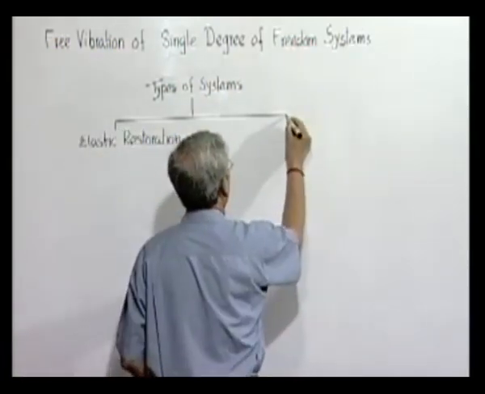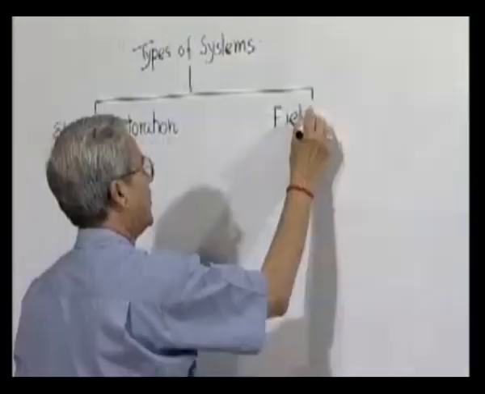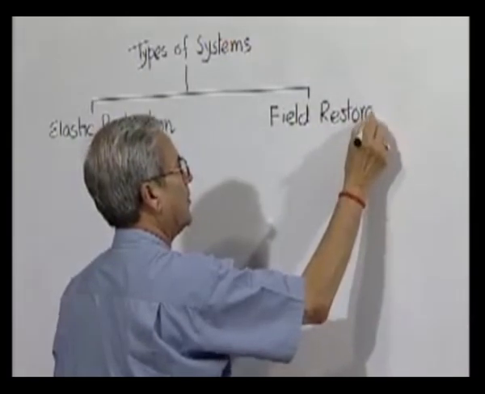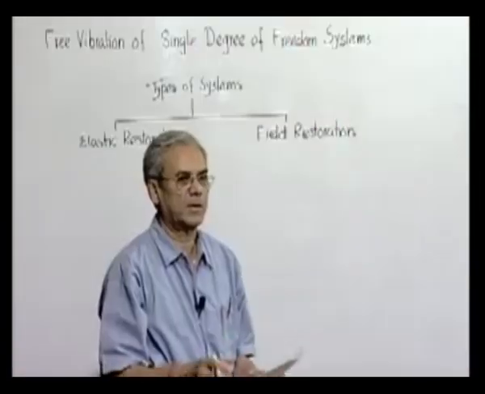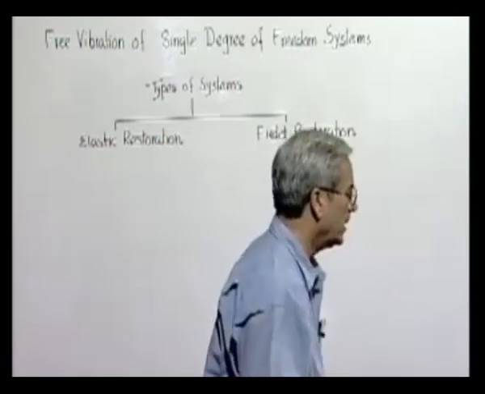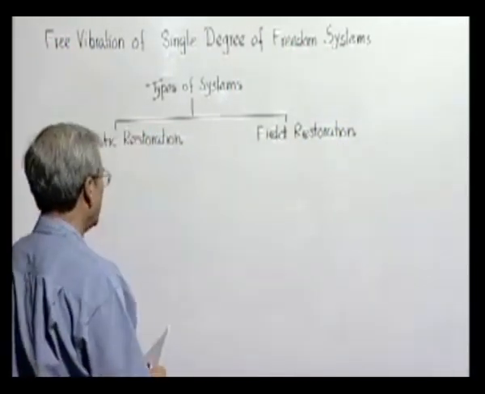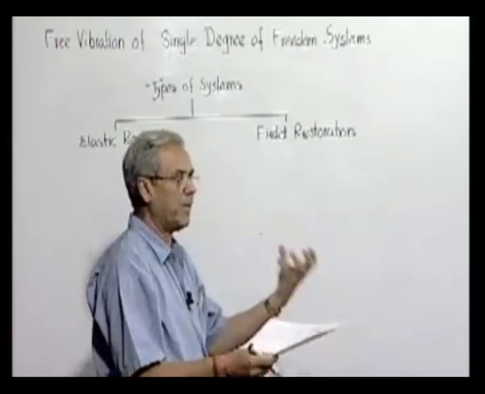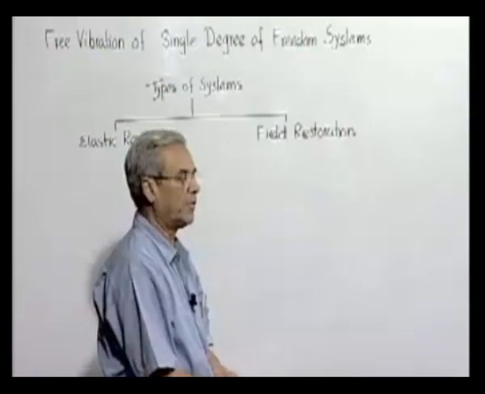The other can be field restoration, which means that there is no elastic member or strain energy stored in the system which brings it back to the original equilibrium position, but it is a field which acts on the mass or the inertia that is responsible for restoration.